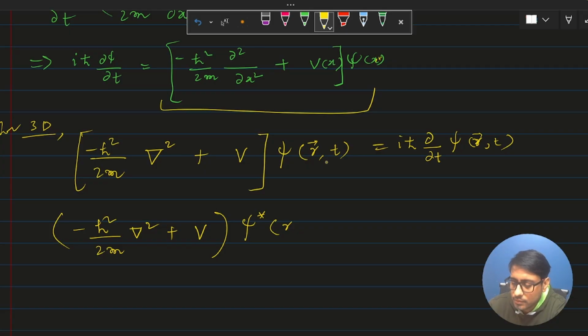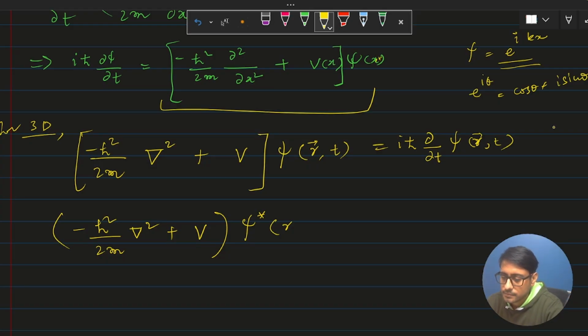it's an assumption now, because we have seen that the solution contained e to the power iota kx, and you know that e to the power i theta can be written as cos theta plus iota sine theta. So obviously it's going to be a complex function.